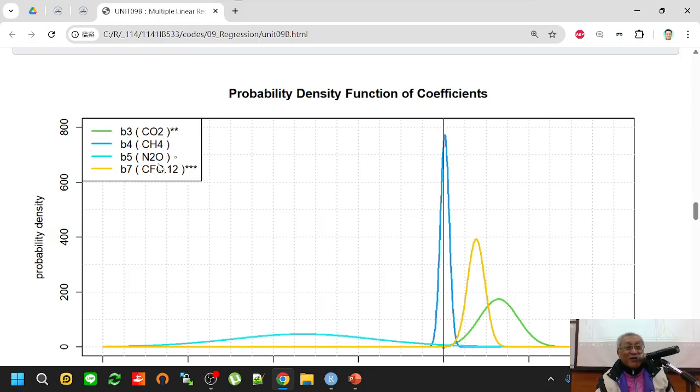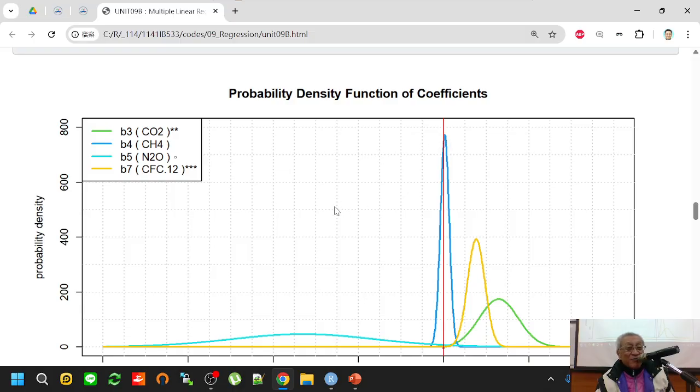B4 is not significant because, as you can see, its expected value is very close to 0, with the 95% confidence level here. So it is not significant because its estimation value is very close to 0.